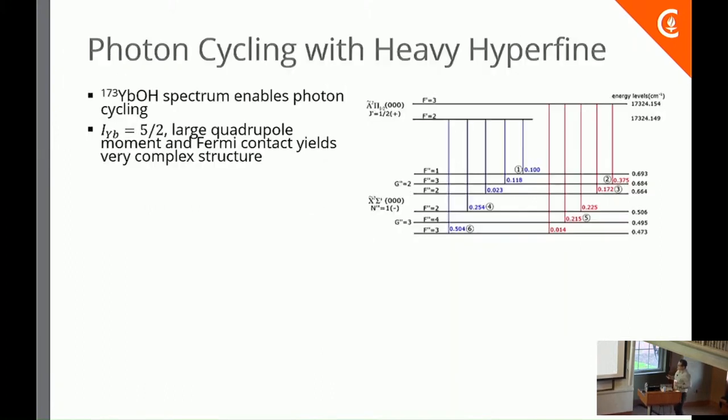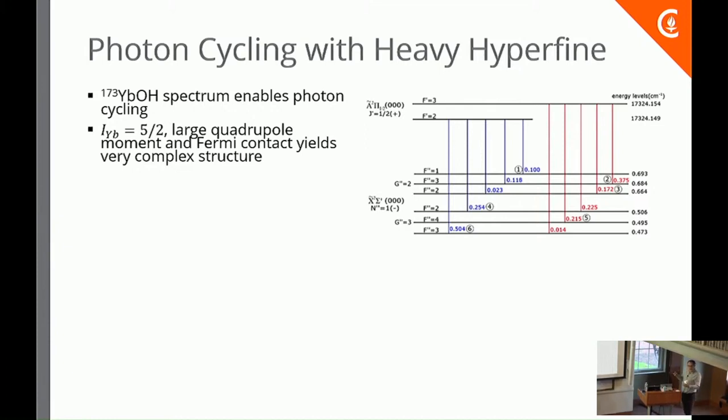Once you have the spectroscopy of the molecule in the ground and excited states, you can come up with a photon cycling scheme. You heard a bit about this the other day. The 173 ytterbium has a 5/2 nuclear spin, and ytterbium has a large quadrupole moment, which is why we like it, but that means that it has a large electric quadrupole moment and a big Fermi contact.